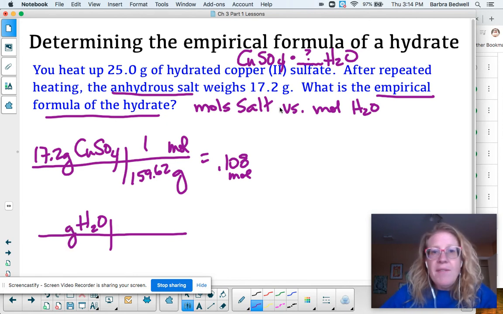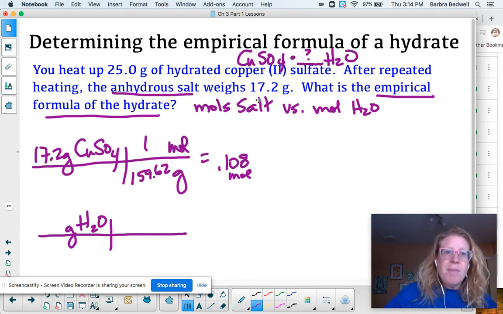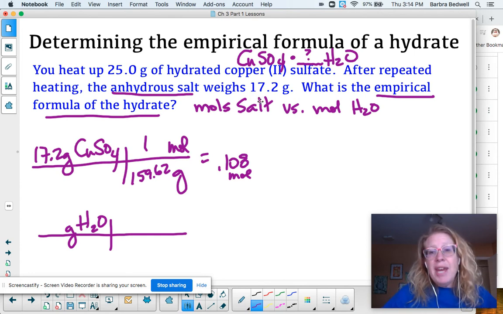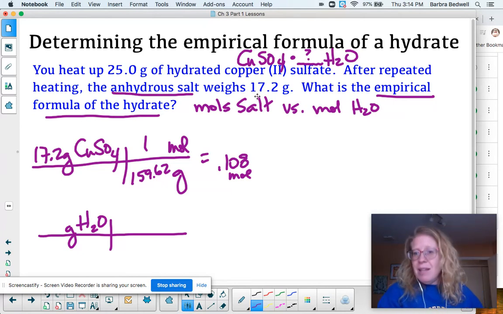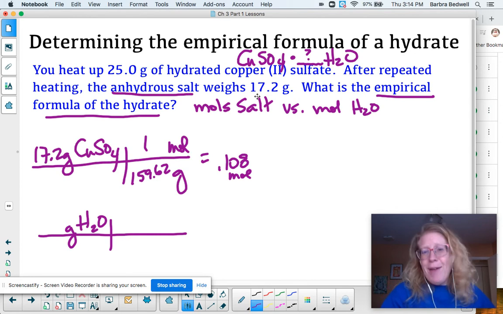Now, I don't have that value directly, right? This number up here is my hydrated. That's salt plus water. This 17.2 is salt only. So in order to figure out the mass of the water, it's the change in mass. That water vapor was let out as steam and it ran away, and we don't have it there directly anymore, so we can't measure it, but we can measure it indirectly simply by subtracting.